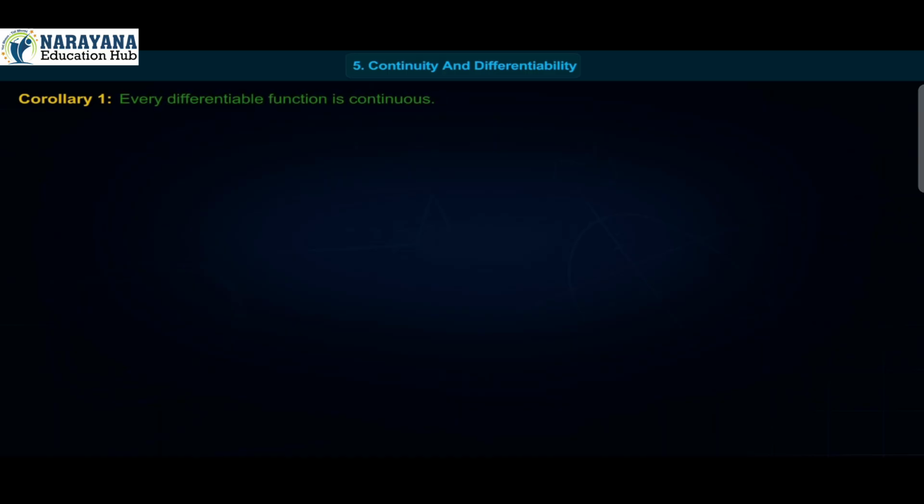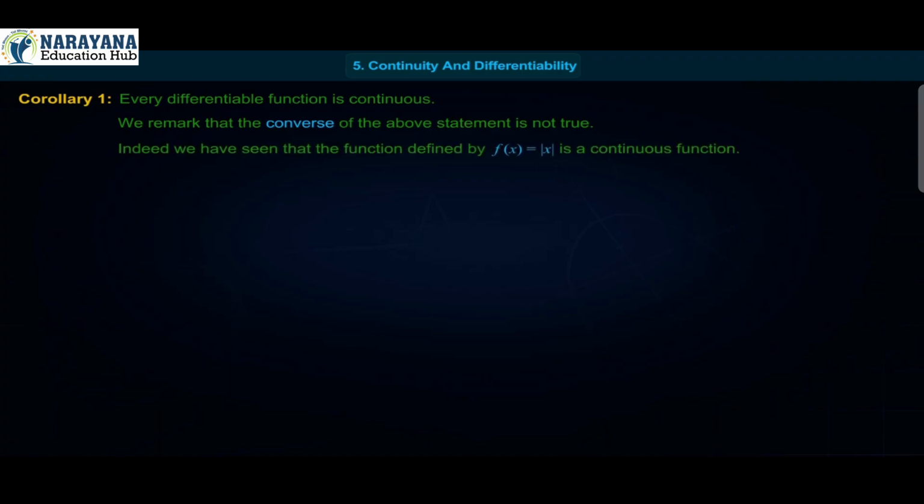Corollary 1. Every differentiable function is continuous. We remark that the converse of the above statement is not true. Indeed, we have seen that the function defined by f(x) = |x| is a continuous function.